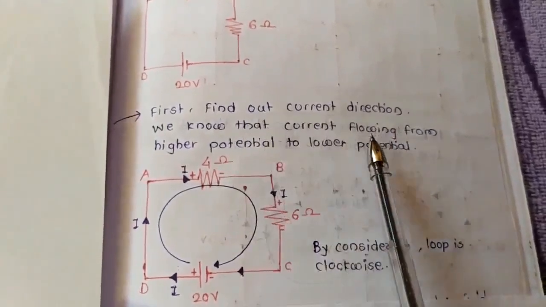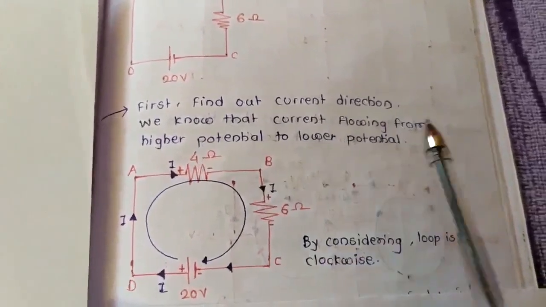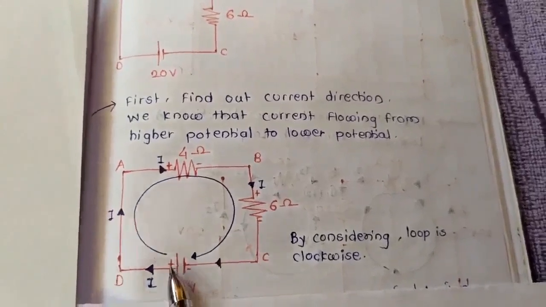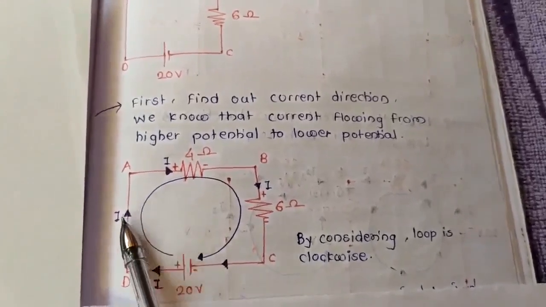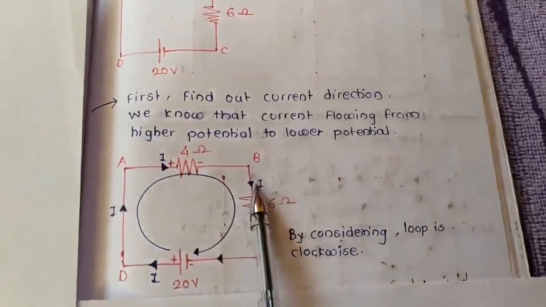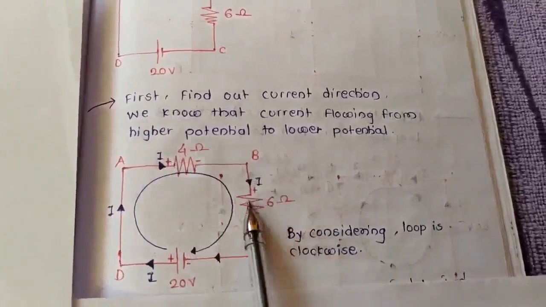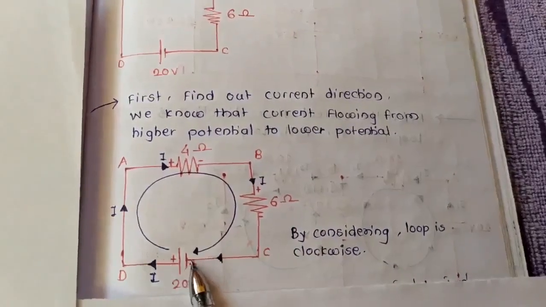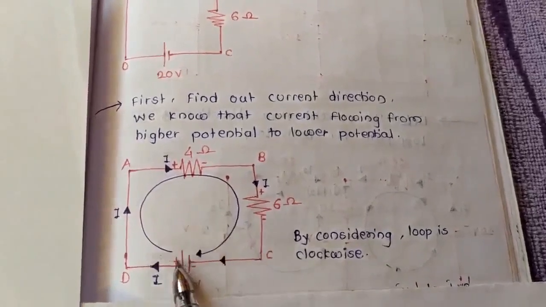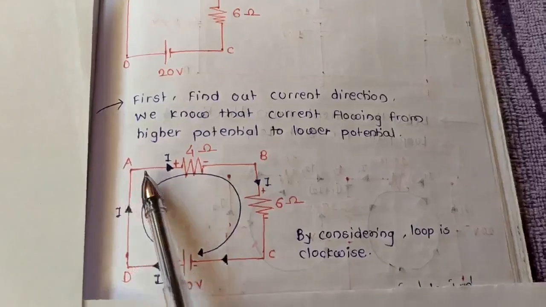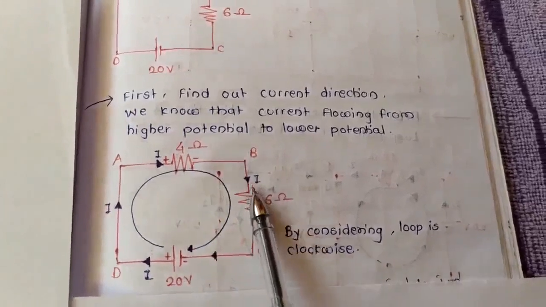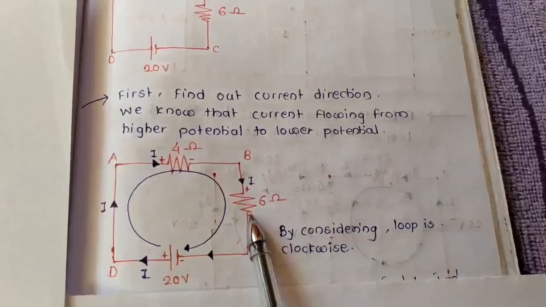Hence, from higher potential, take I. The same I is the current flowing through these two resistances and again meets the source. Current is flowing in this direction, hence take a plus sign here and minus sign here. Again take plus sign here and minus sign here.